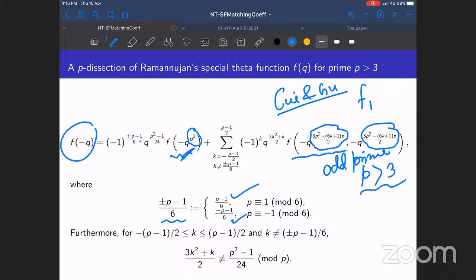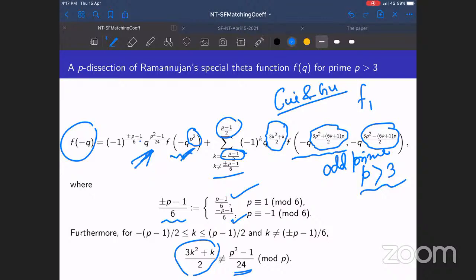And furthermore, when we consider k equal to minus from this to this one, and where k is not equal to that one, then we see that these powers of the sum, okay, this is never congruent to p square minus 1 by 24. That means the power of the factor of f of minus q power p square.